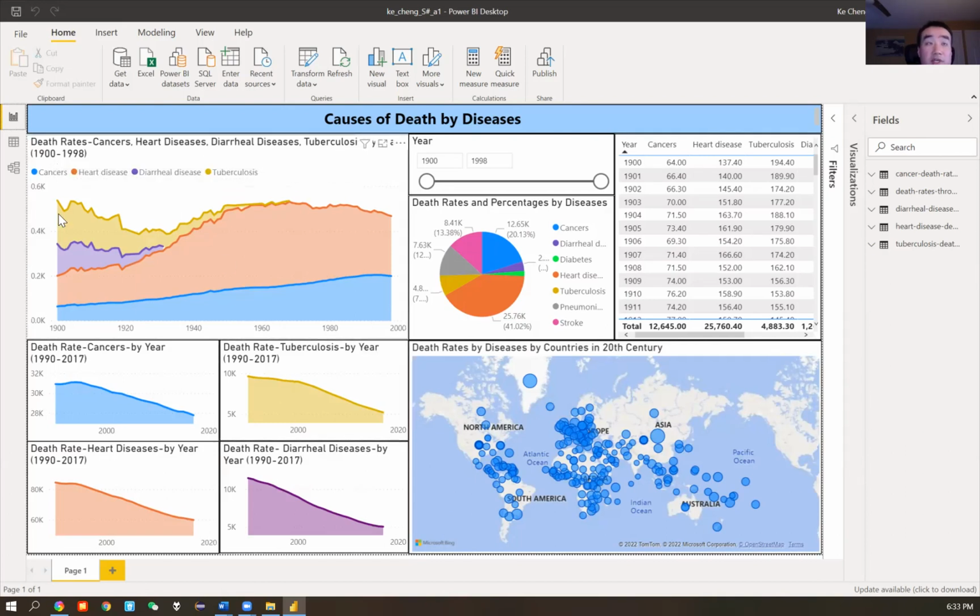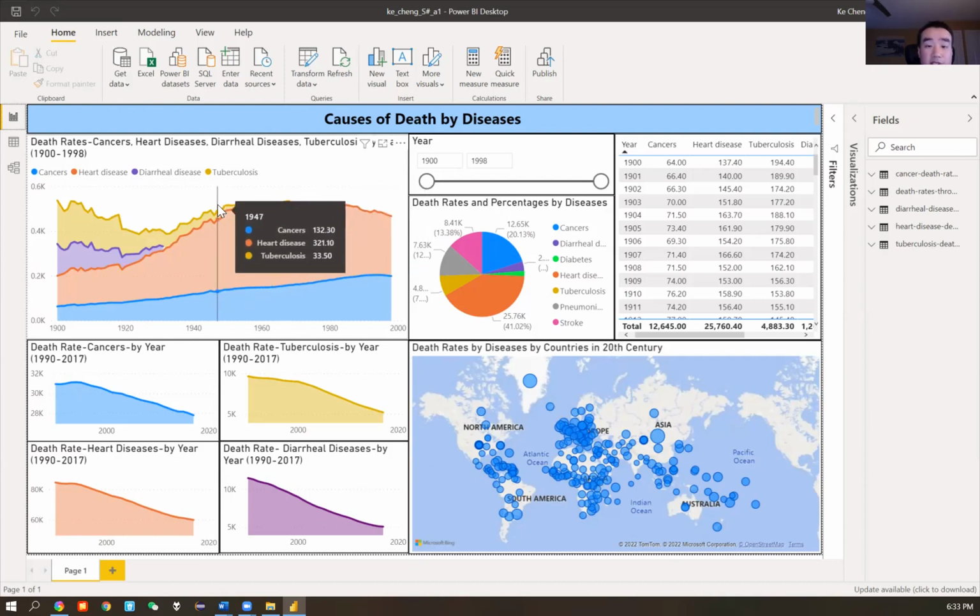The first graph is the major one. It is the death rates of cancers, heart disease, their health disease, and tuberculosis from 1900 to 1998. This graph shows all the death rates of the 4 major diseases.